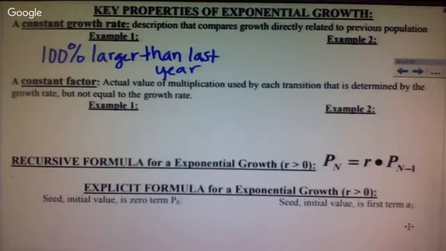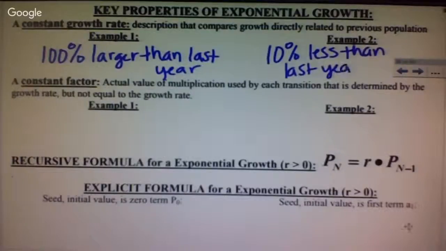So you'll see something like 100% larger than last year, or you might see something like 10% less than last year. These are not the numbers that you multiply by. This is what we learned yesterday. You have to figure out what you're going to multiply by from the description they give you.